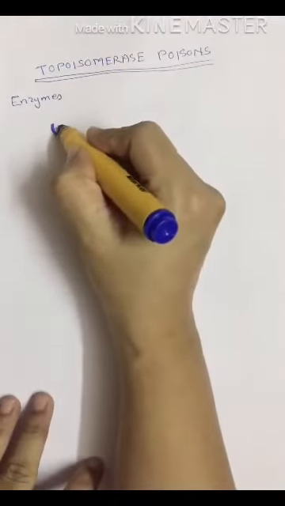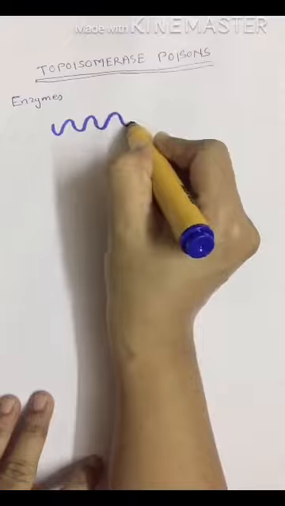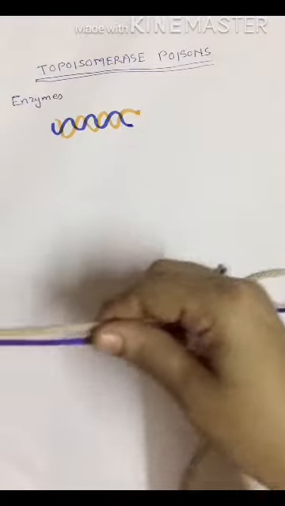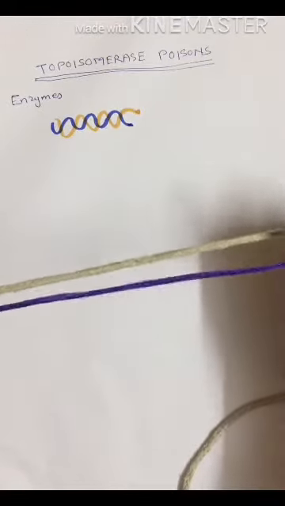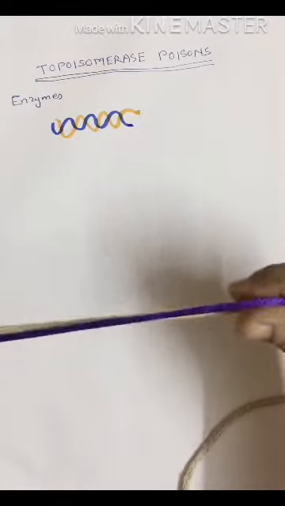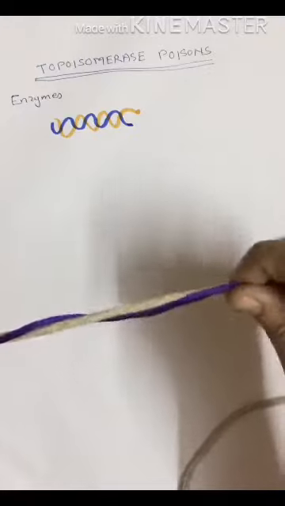Now what do we mean by DNA supercoiling? Consider this is one strand of a DNA and this is another strand of a DNA. I'll show you with the help of an example. Consider these are two different strands of DNA, the purple one is one strand and this one is another strand. Now here the coiling is taking place.